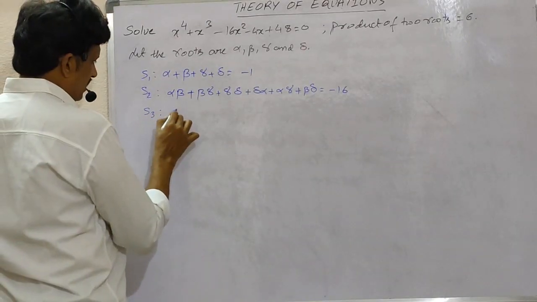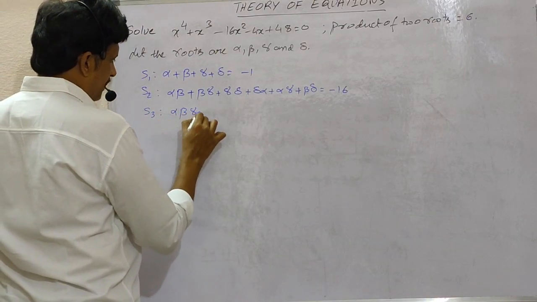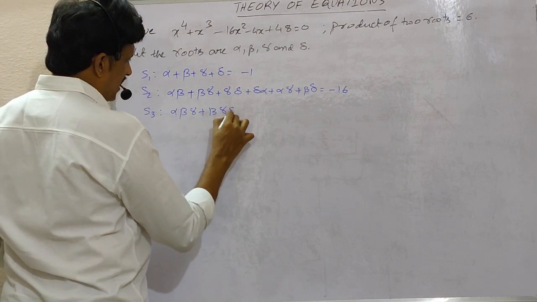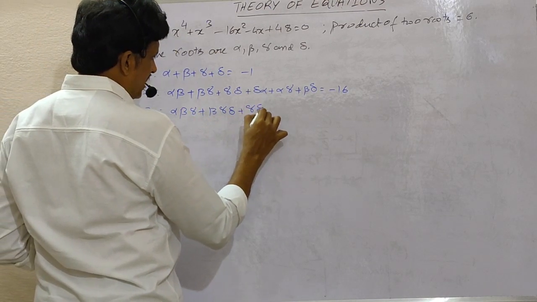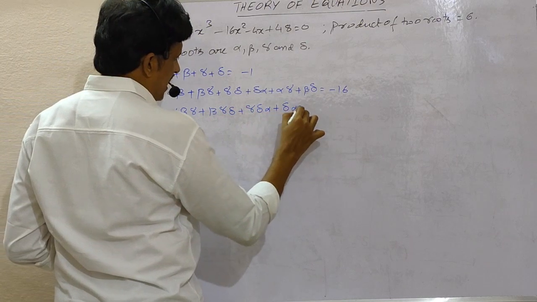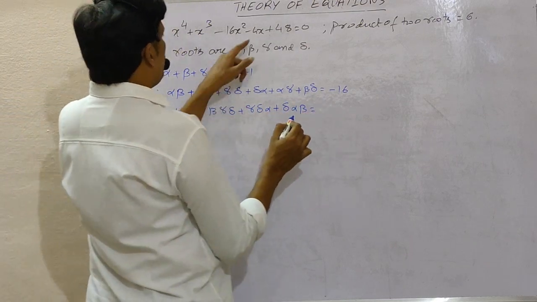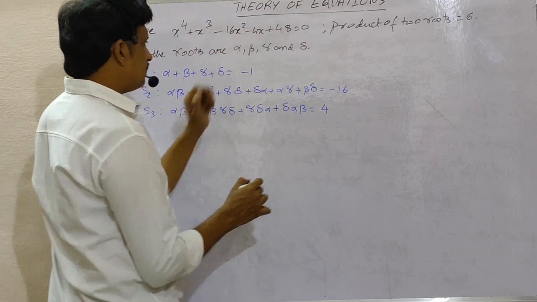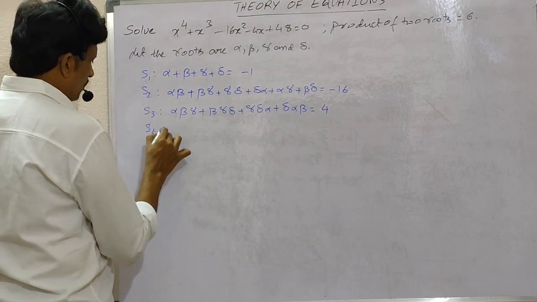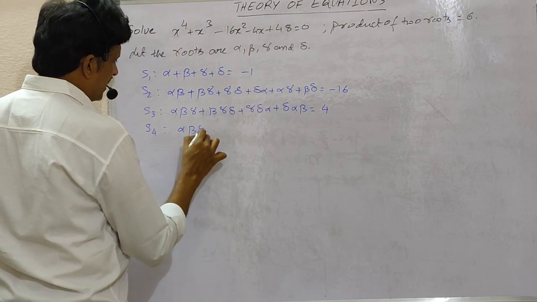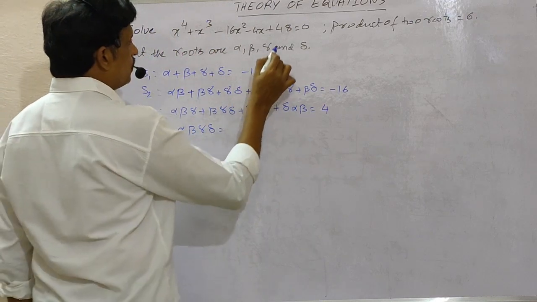S3, the product of three roots: alpha beta gamma plus beta gamma delta plus gamma delta alpha plus delta alpha beta, that is equal to minus of minus 4, which will be plus 4. And S4, the product of all the 4 roots: alpha beta gamma delta, that is equal to 48.